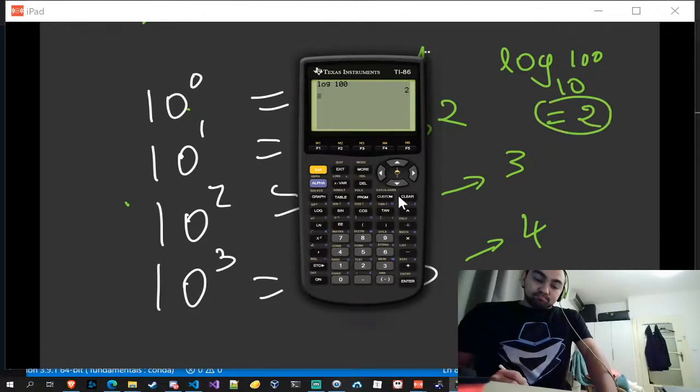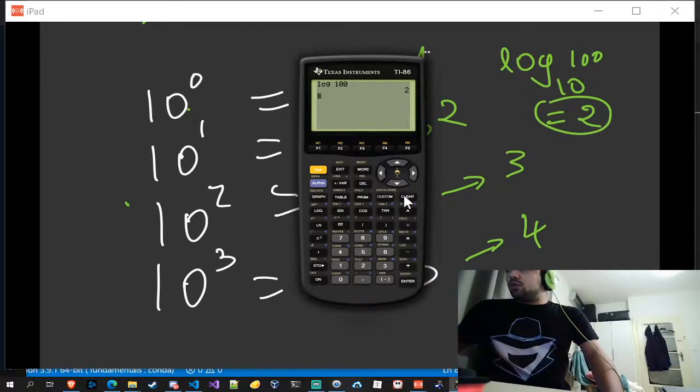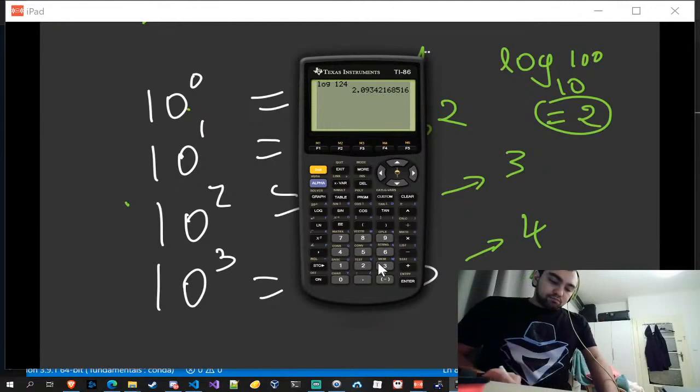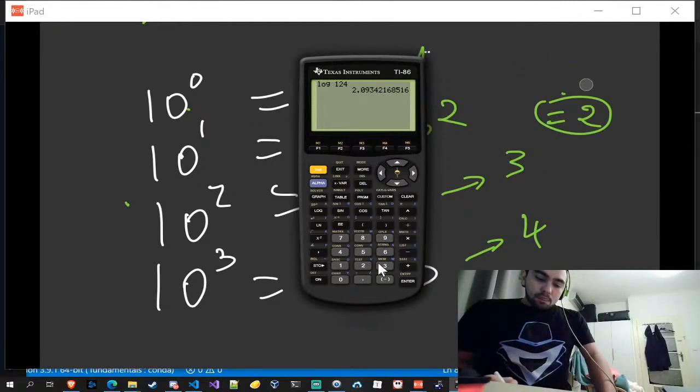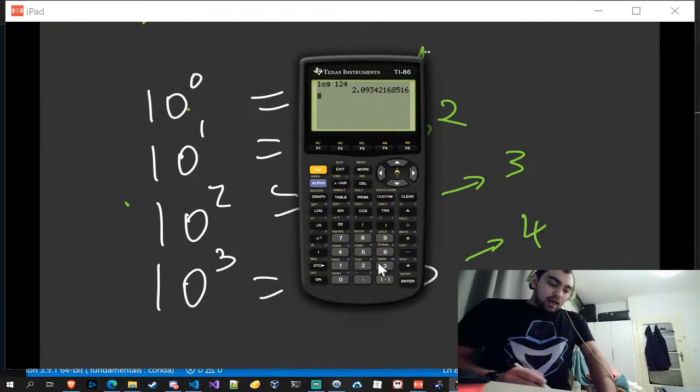Simple. And now here's the thing, we always have to round down here because, let's say we do log base 10 of 124. It's going to be 2.0 something, right? So we always have to round this down. And of course we also have to add 1, because as we start with 0, we require 1 digit. So we just add 1 all the time.